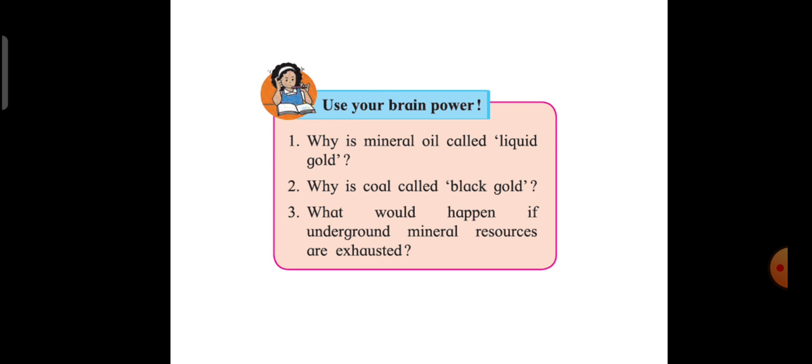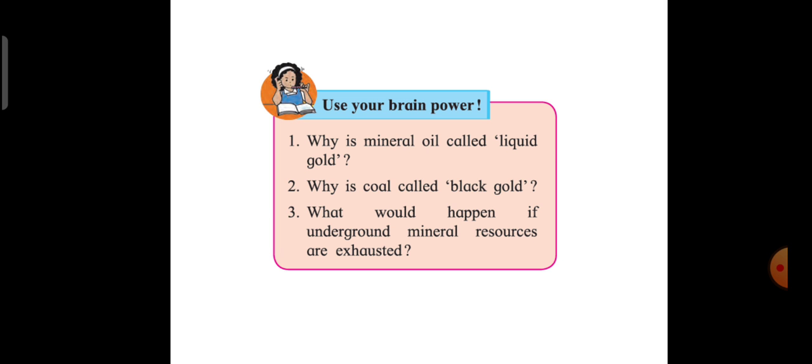That is why it is called liquid gold, because we are very much in need of it and we depend heavily on it. Gold means valuable, and mineral oil is equally valuable. It is a source of energy.